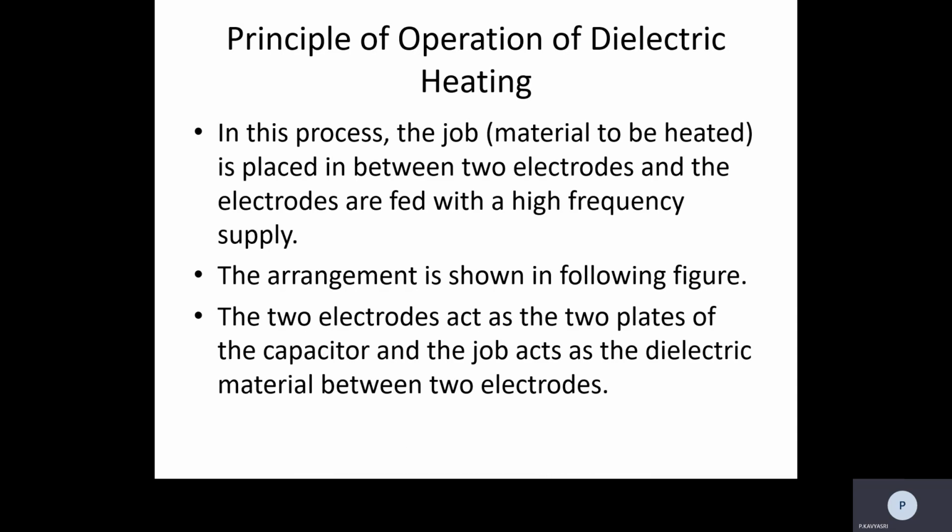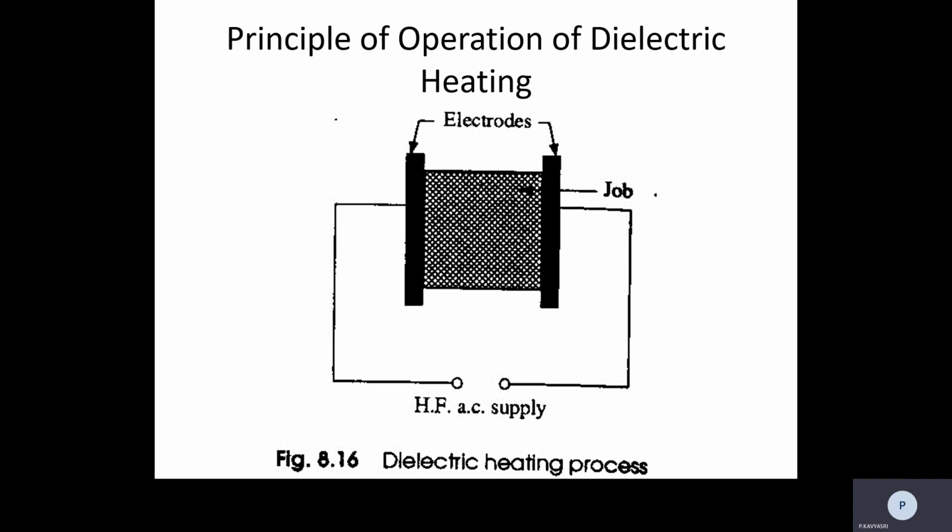The two electrodes act as the two plates of a capacitor, and the job acts as the dielectric material between the two electrodes. Here the material acts like an insulating material.